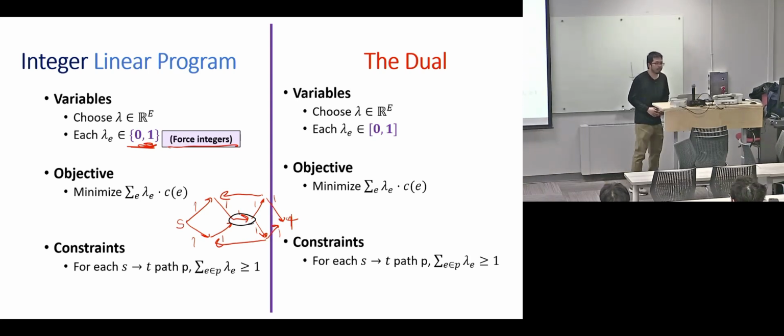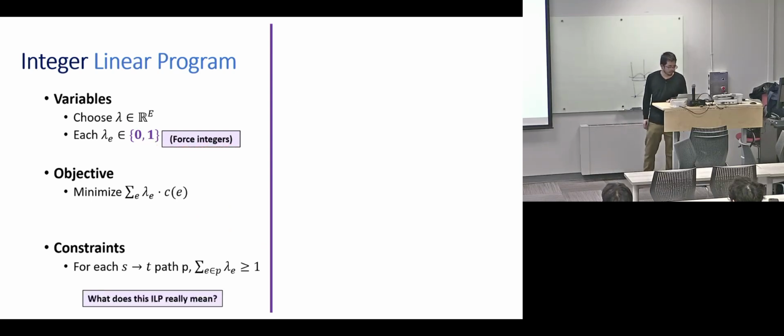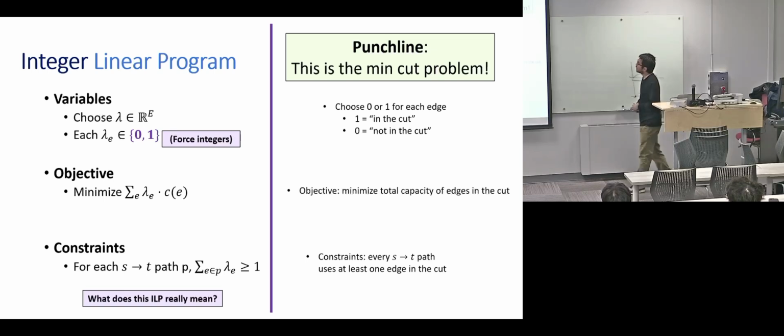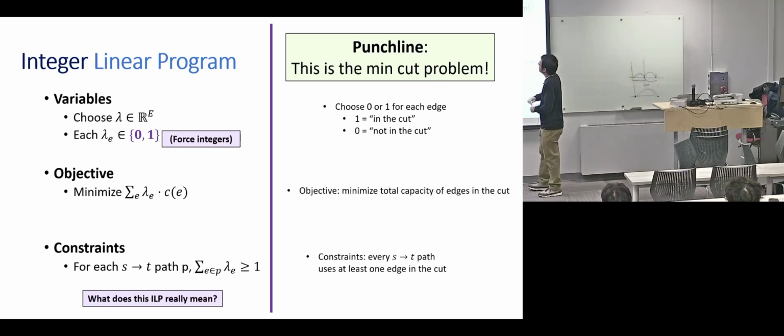And actually this is exactly the ST min cut problem. For ST min cut, basically you choose whether an edge should be in the cut or not, and you want to minimize the total capacity of edges that you choose.